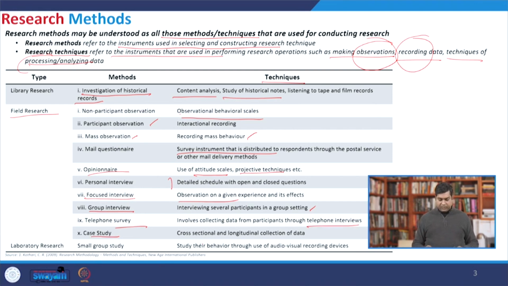Case study, here also you can go for cross sectional and longitudinal data collection, we'll come to that as well. Now the other type is laboratory research, where you can say small group study. So here you can also do some sort of experimental study. Suppose you want to understand the psychological behavior of a color scheme in an interior, like a study room, what should be the color of the wall or the other furniture.